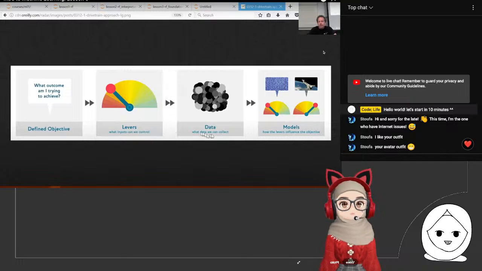So then the next step is, what data does the organization have that could possibly help them to set that lever to achieve that objective? And this is not what data did they give you when you started the project. Think about it from a first principles point of view. I'm working for a telecommunications company.